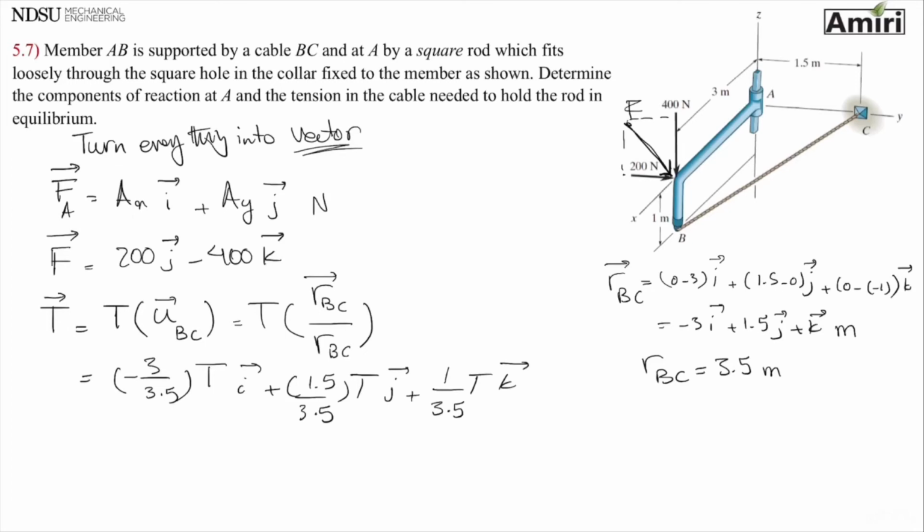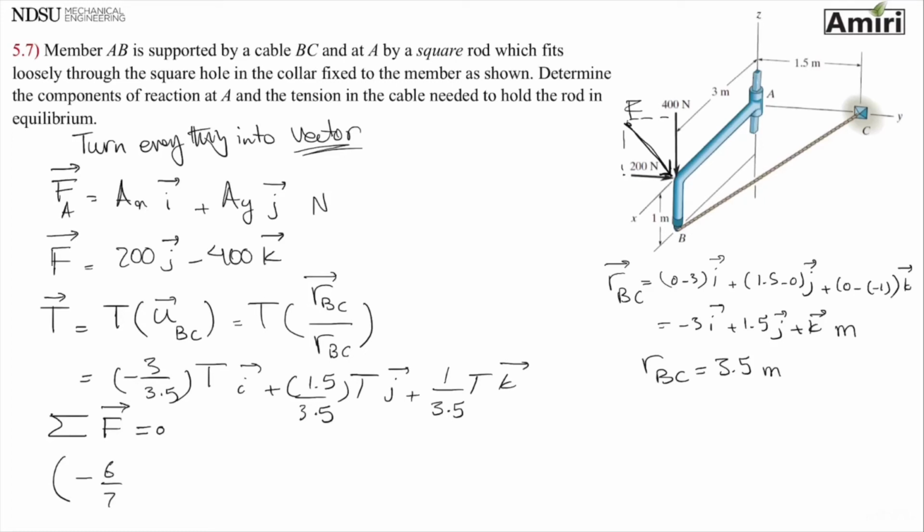So now what we are going to do, we will just use the vector format of equation of equilibrium. Summation of forces in vector format equal 0. So put everything that you see with an I all together.